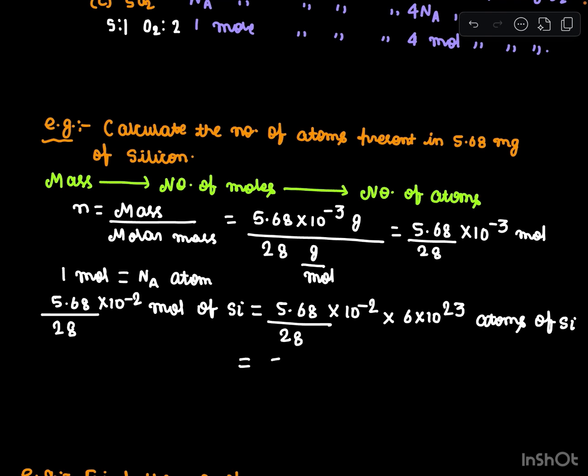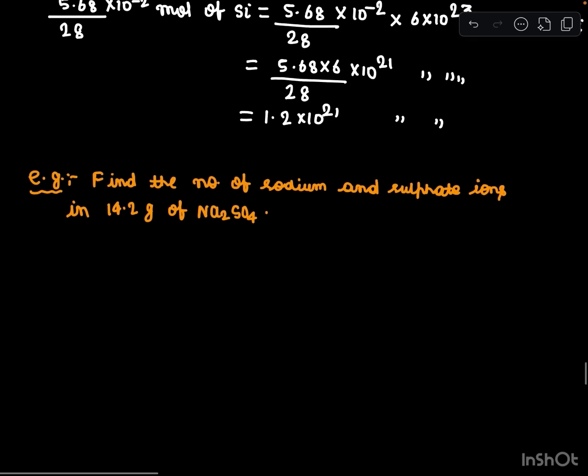This is equal to 5.68 into 6 divided by 28 into 10 to the power 20 atoms of silicon. On calculating, 5.68 into 6 divided by 28 is 1.2, so we get 1.2 into 10 to the power 21 atoms of silicon. That's how we calculate the number of atoms.